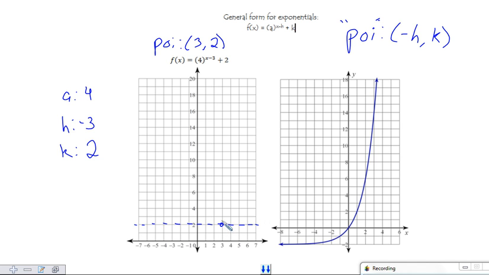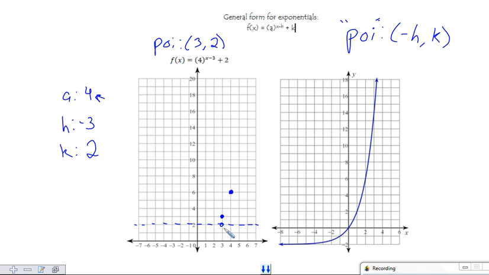And because A is positive, we're going to shoot up 1 point right here, okay? So now, because this is growth, we're expecting it to increase rapidly. So from your POI, you're going to go up 1, 2, 3, 4, and over 1. Okay?